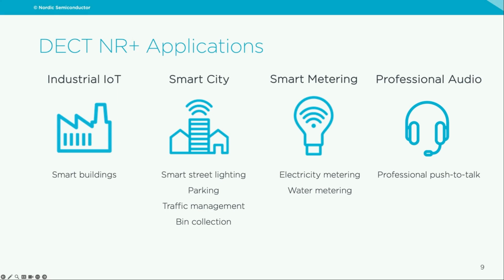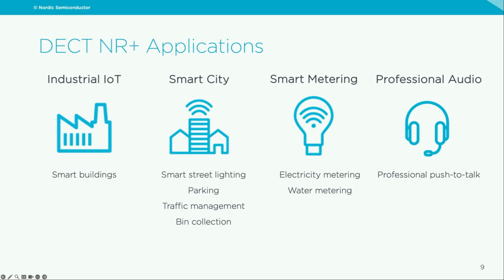But smart buildings, large buildings, office buildings, building automation management, DECT NR+ and the mesh networking is seen as very good there to cover the possibly very large buildings. Smart city, street lighting, and street lighting creates a very extensive network to add sensors. Very good technology there. You can have a huge amount of nodes, big networks, and you avoid the subscription cost for all the devices.